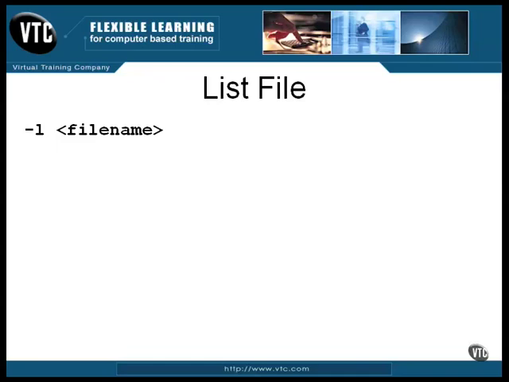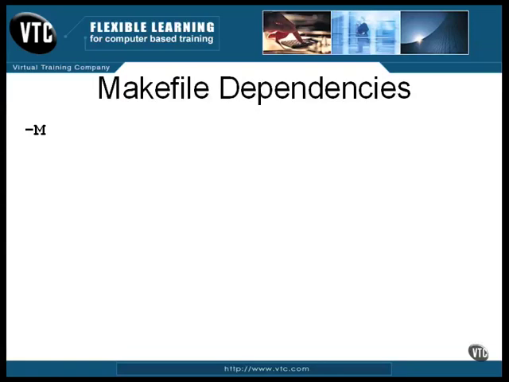The L option lets you generate a listing and specify the name of a listing file to hold it. The listing shows the addresses, the values of the code generated by the mnemonics, and the addresses of the instructions. If you use makefiles to run your assembler, you can use the uppercase M option to generate makefile dependencies from the source file.